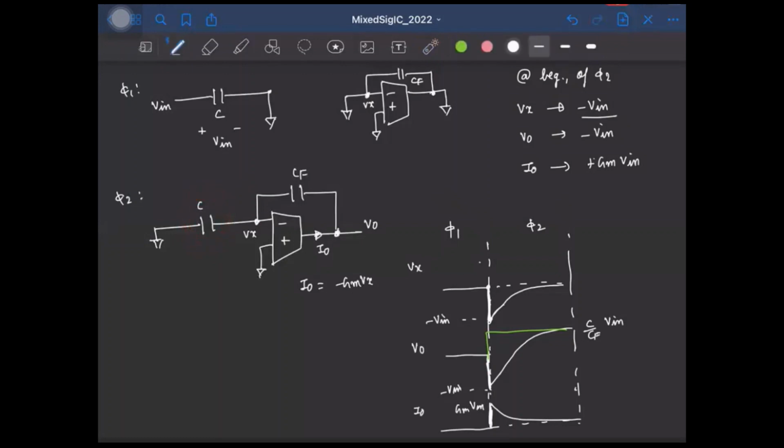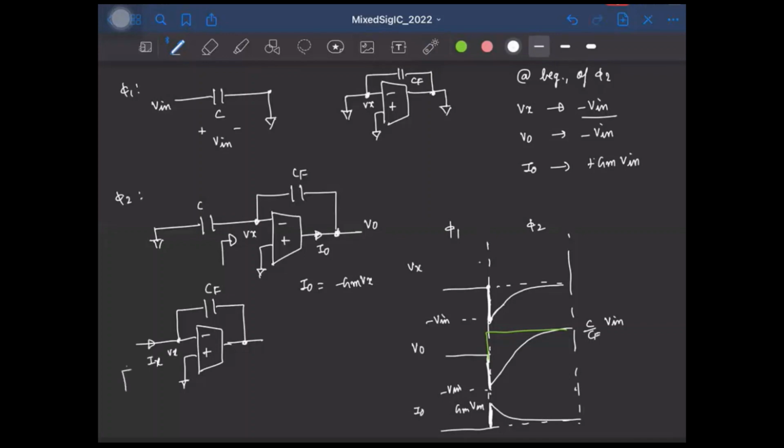So let's see what is the equivalent impedance or the resistance looking into this side. Right, so let me redraw that part here. So this is the circuit we have. So let's say this voltage is Vx, and let's say this current is Ix.